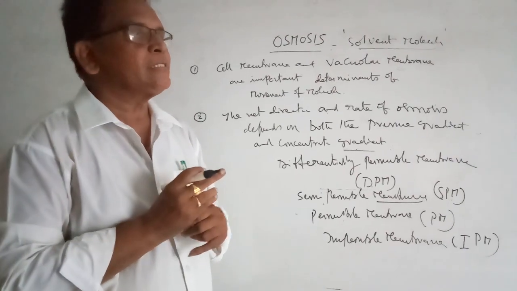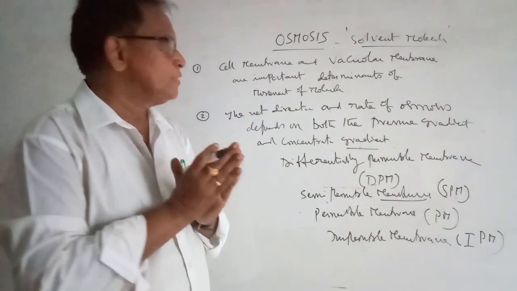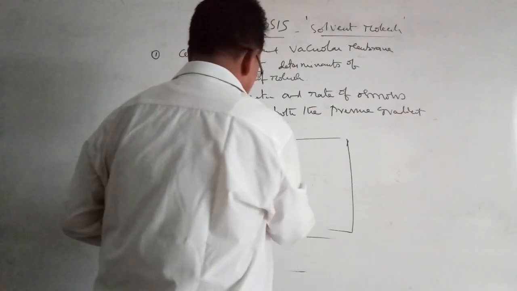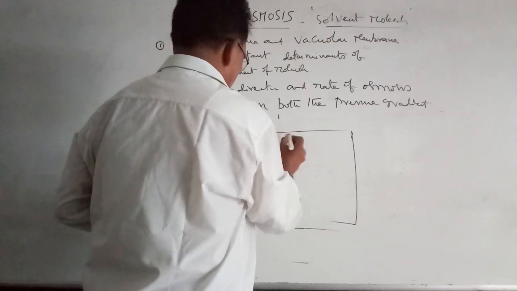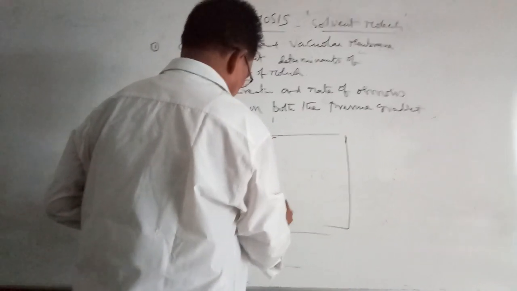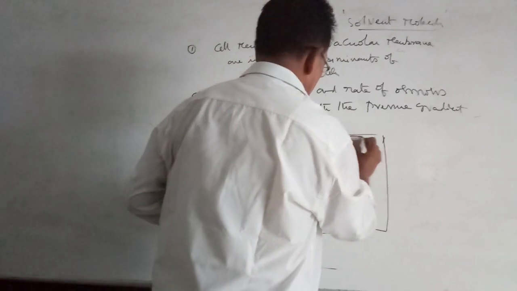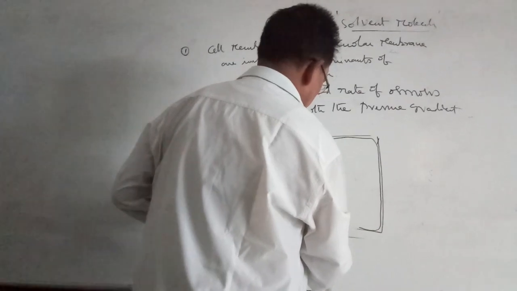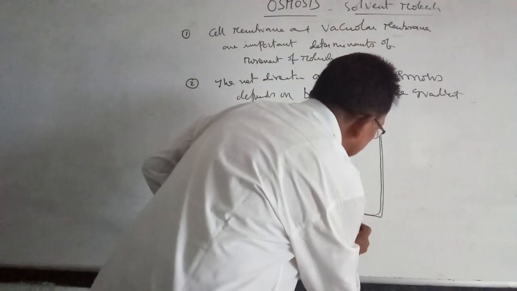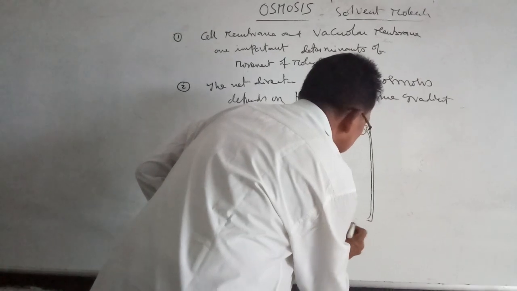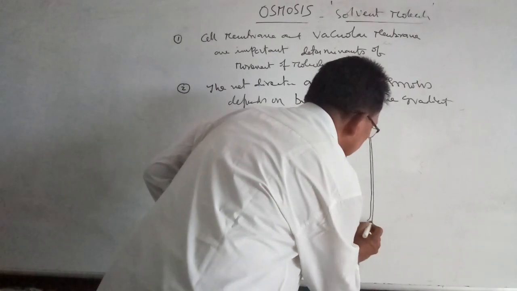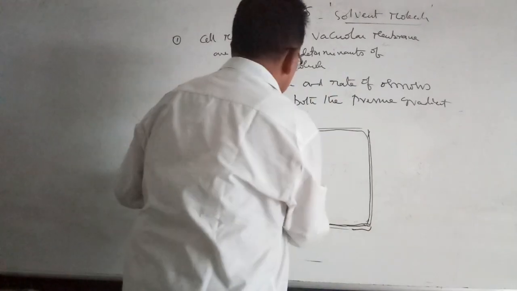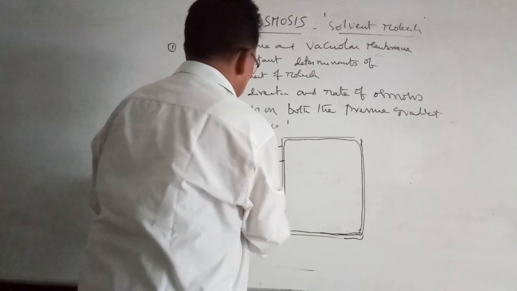This osmosis is very important in the plant body. This is the plant cell. The plant cell is surrounded by a cell wall, followed by a cell membrane, the plasma membrane.